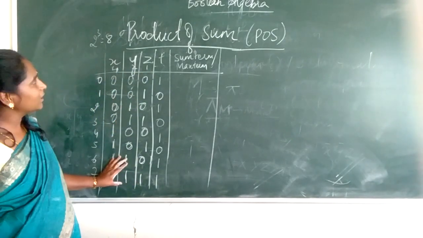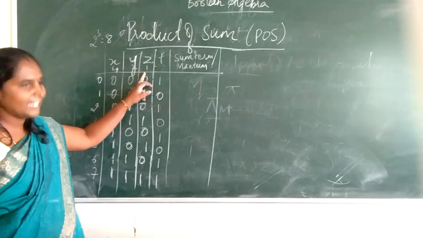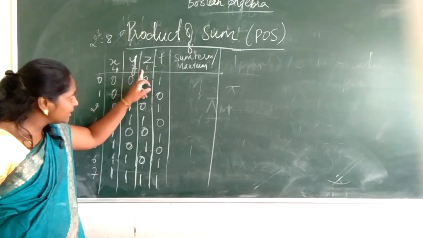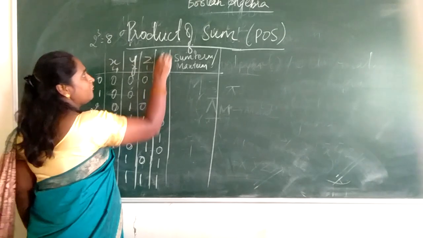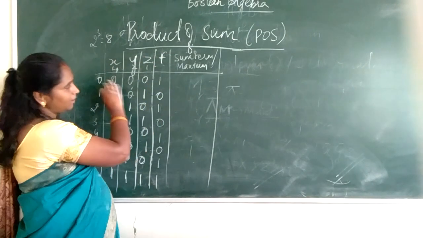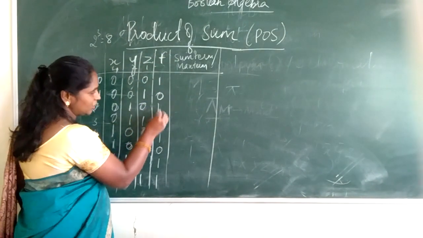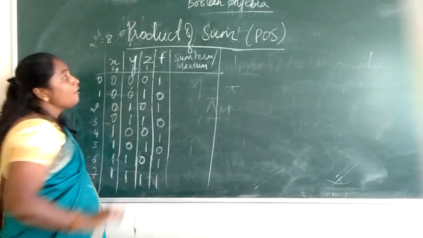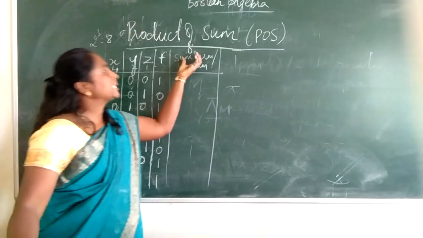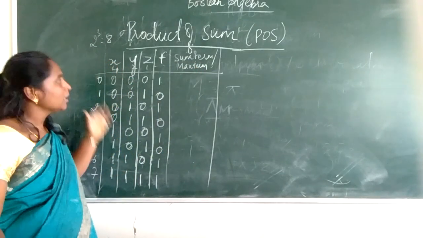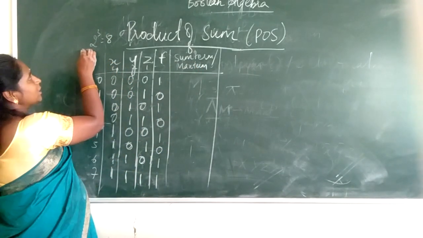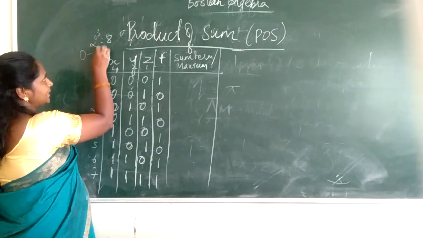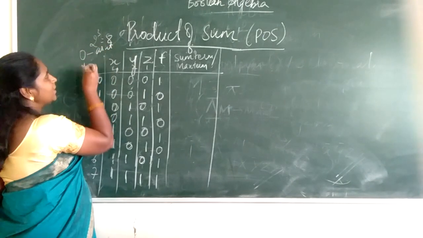For these input values, function of xyz, they have given the output as f, based on some evaluation: 1, 0, 1, 0, 1, 0, 1, 1. For this, we have to write the sum term or max term. I have already told you, in the max term, 0 means as it is and 1 means complement.